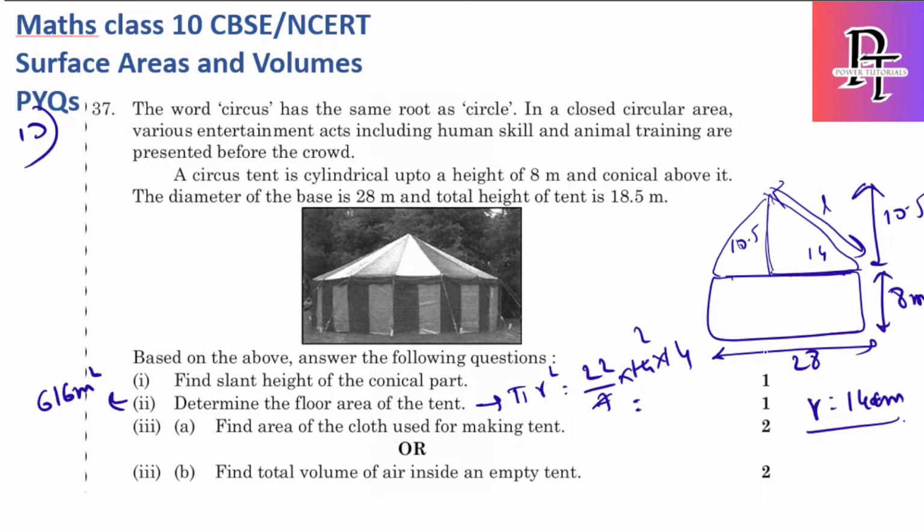So we simply need to find the CSA of this cylinder and the CSA of this cone, and then add both. You will get the total CSA, the total cloth needed. No need to think about the bottom; we need to consider only the CSA of this one and this one.